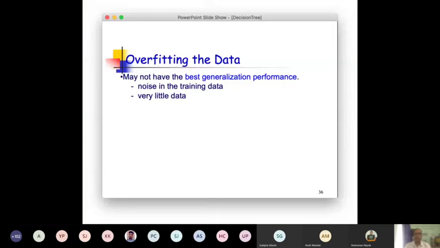You can see that it may not have the best generalization performance. As I was mentioning, just getting a consistent hypothesis is not going to serve your purpose, because that consistent hypothesis may not really be the target function. It is just satisfying some of the conditions of the target function, on the limited data you are looking at.